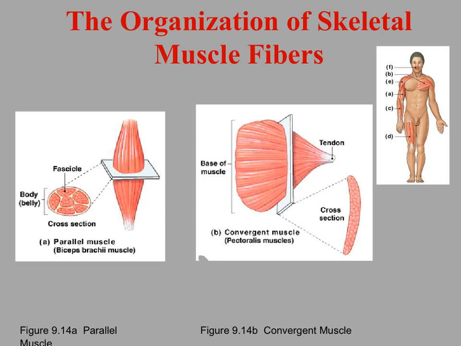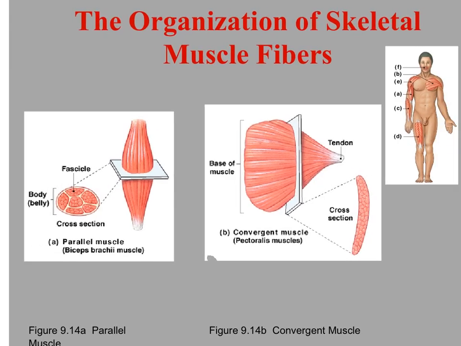So if we're looking at individual skeletal muscles as organs, what you'll find is that they all have slightly different shapes. And so we can categorize those shapes of muscles into a few different categories based on what we call their fiber arrangement.